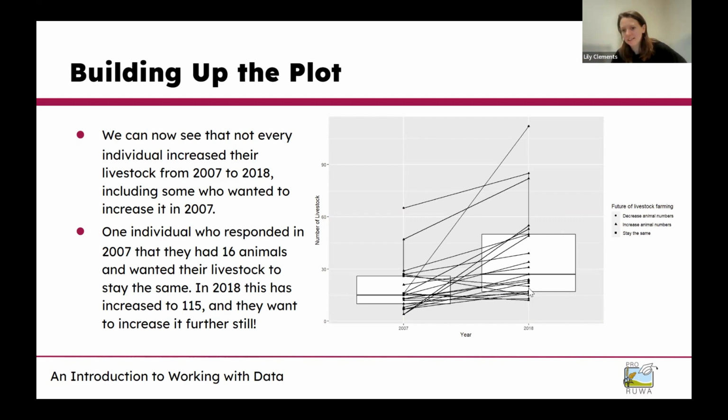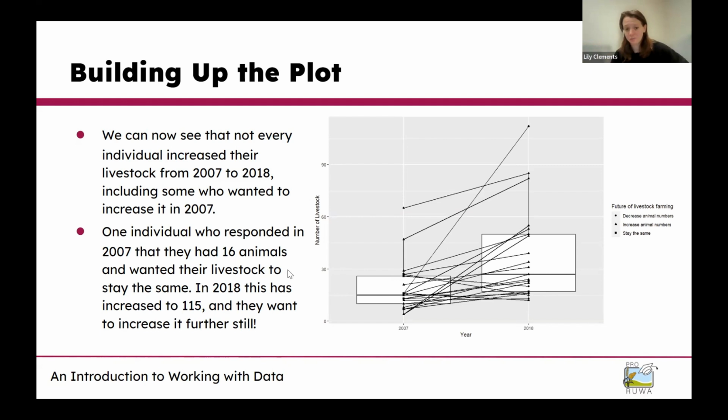Now we see at the end of this line here that they've said that they want to decrease in 2018. Presumably, therefore, they wanted to decrease in 2007, or they might have changed their mind. It might have been that initially they wanted to stay the same, and it looks like that it's a square, so it looks like that they wanted to stay the same. And then at some point in that 10-year period, they said, okay, now I want to decrease, and that's why they've decreased.